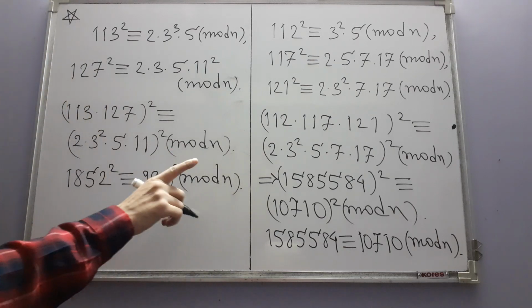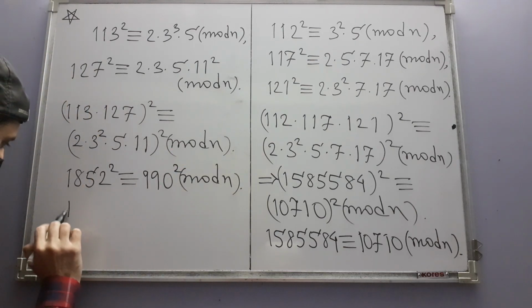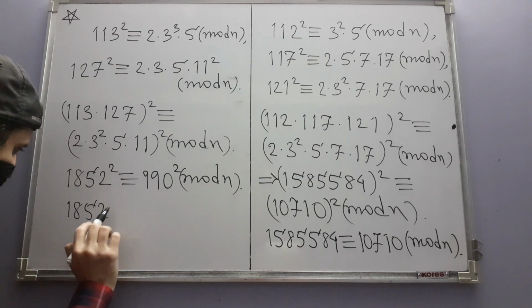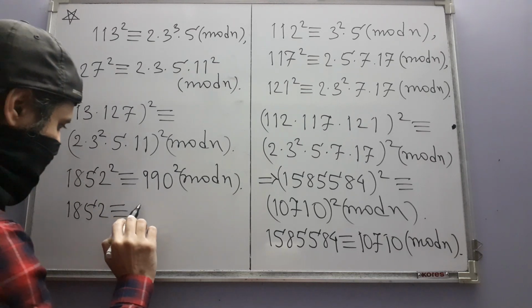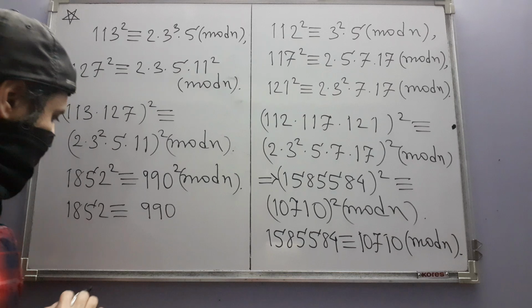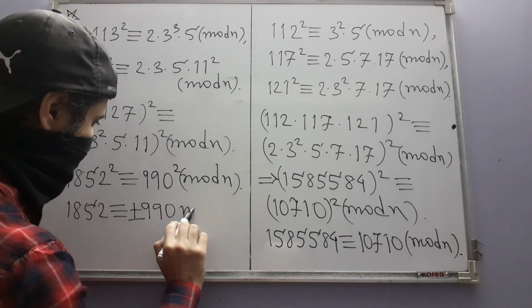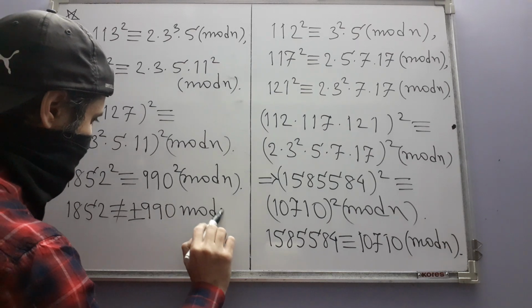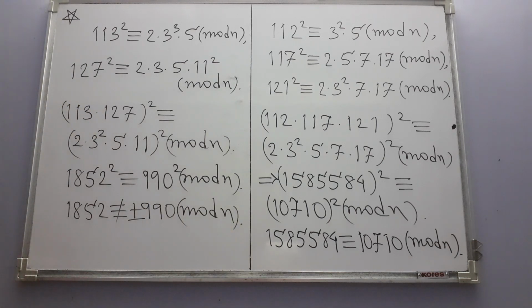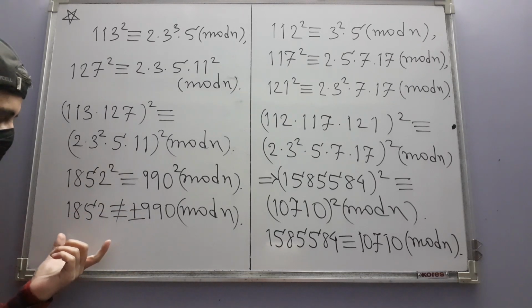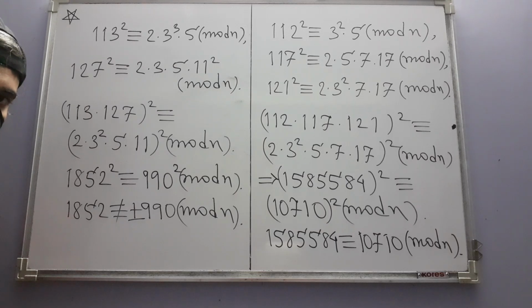And this time, unlike that one, 1852 is not congruent to 990, it's neither congruent to 990 nor congruent to its negative. So yes, now we have finally got a congruence with that extra condition. So the GCD that we are going to get will be in fact a non-trivial divisor.